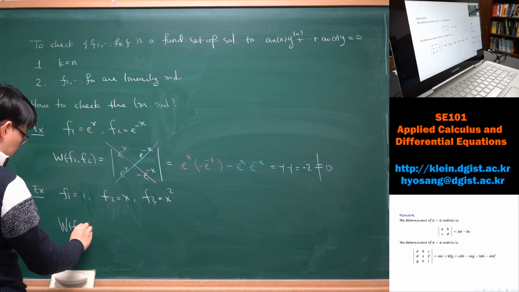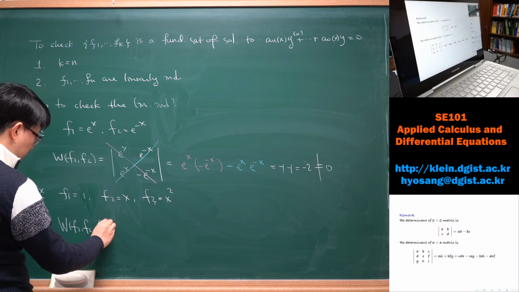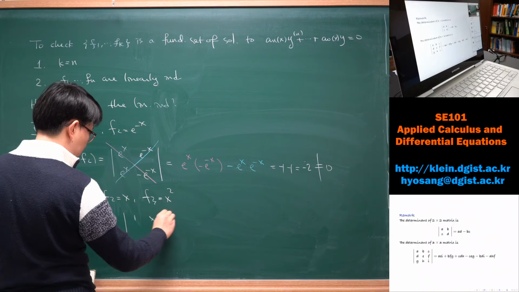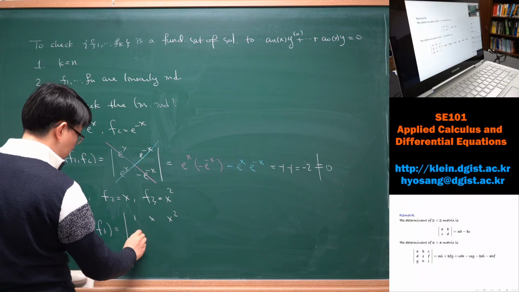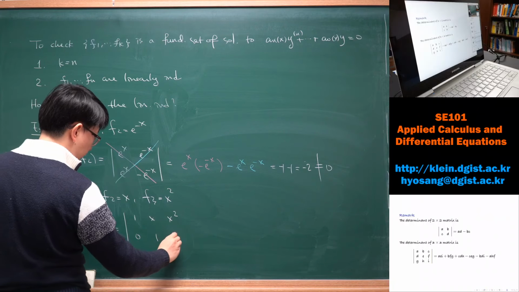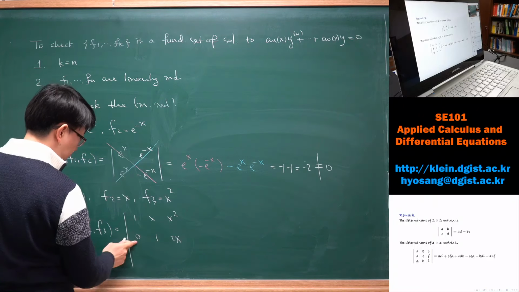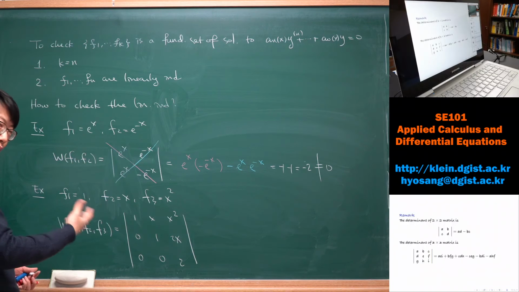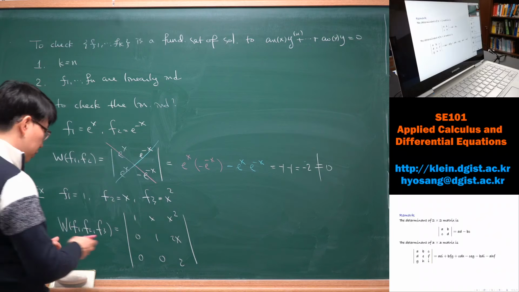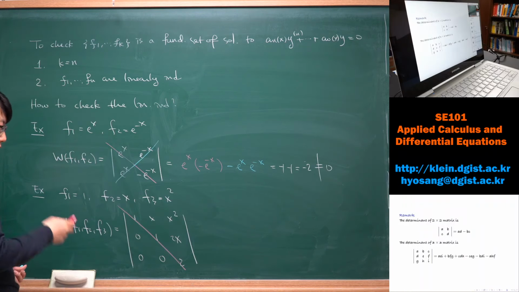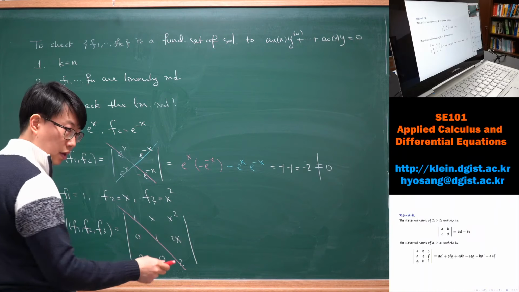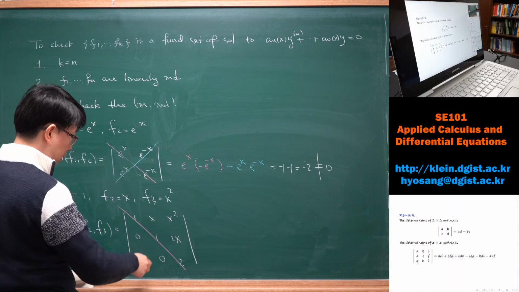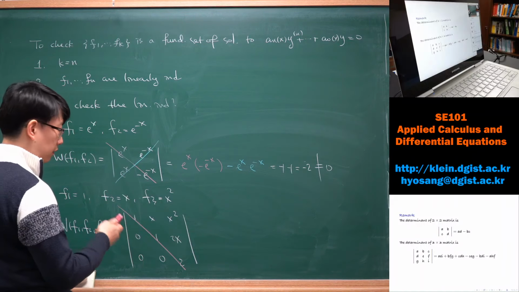Now, the Wronskian of 3 functions is the determinant of a 3 by 3 matrix. The first row is simply the functions themselves, the second row is the derivative of the first row, and the last row is the derivative of the second row: 0, 0, 2. When you take the determinant of a 3 by 3 matrix, first you multiply across the red line in this direction, and there are 3 ways you can take the product of 3 elements in different rows and different columns.